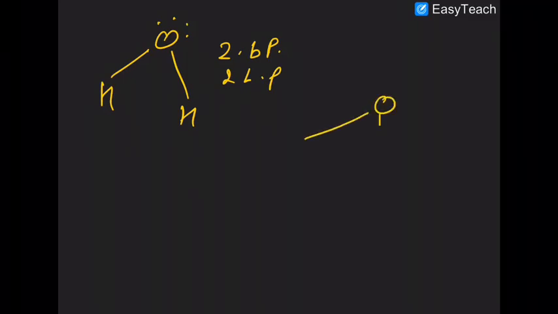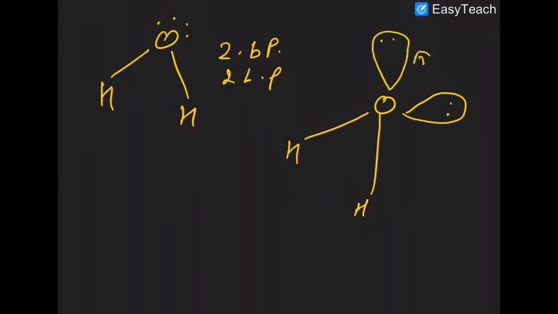Similarly, look at the case of water here. In case of water, also there are two bond pairs and two lone pairs. Water should also be tetrahedral, but what can happen? In case of water, two of the positions are occupied by lone pairs.